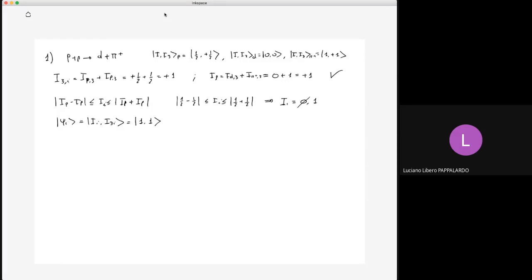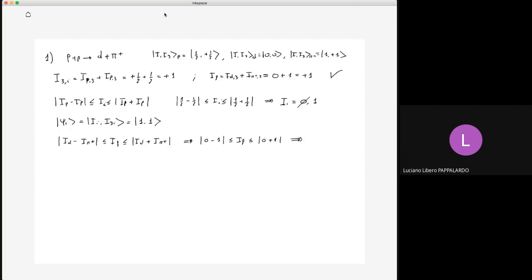Let's now work out the final state. In the final state, we have I_d, I pi minus, I_d, plus I pi plus. So we're going to have 0, minus 1, 0 plus 1.